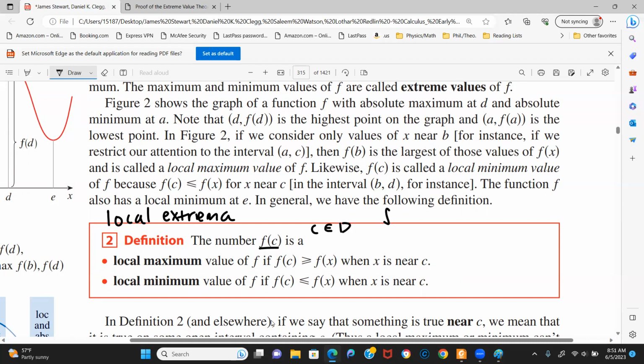So let's say f is a function from D to some set E, and then c is in the domain, and then f of c, which is in E, the output set, the codomain, is a local maximum if f of c is bigger than f of x, not for all x in the domain, but just all the x near c. And how you phrase that is that there exists a small interval containing c, and you're looking at those x values in that interval.